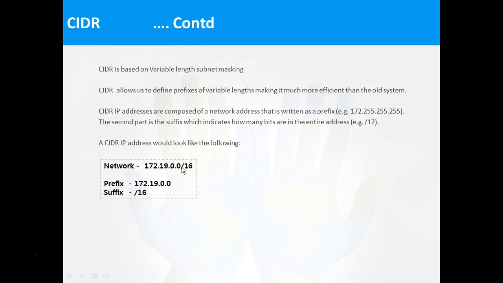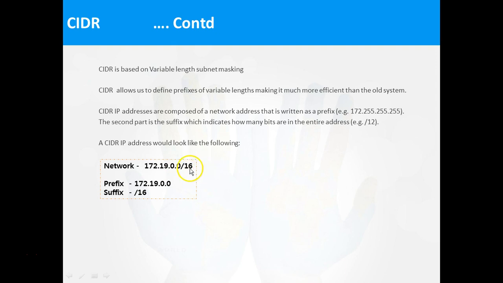This CIDR length directly tells the network bits. Here I am consuming all of 172.19, the 16 bits. That is the network portion, and the last 2 octets, 0.0, are my host portion.